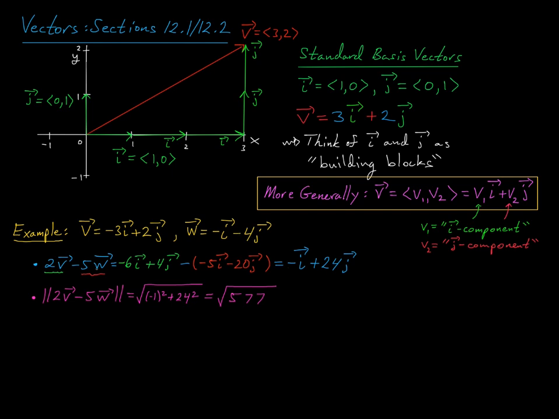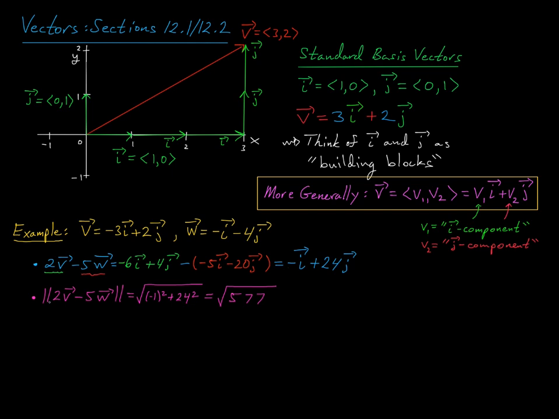And now I'm subtracting 5w from 2v. And this is just like combining terms in algebra, right? So I want to gather up all the i terms. So I have negative 6i here, and then a minus a negative 5i. So that's what? Negative 6i plus 5i, that'd be negative i. And then for the j terms, 4j plus 20j, that's 24j.